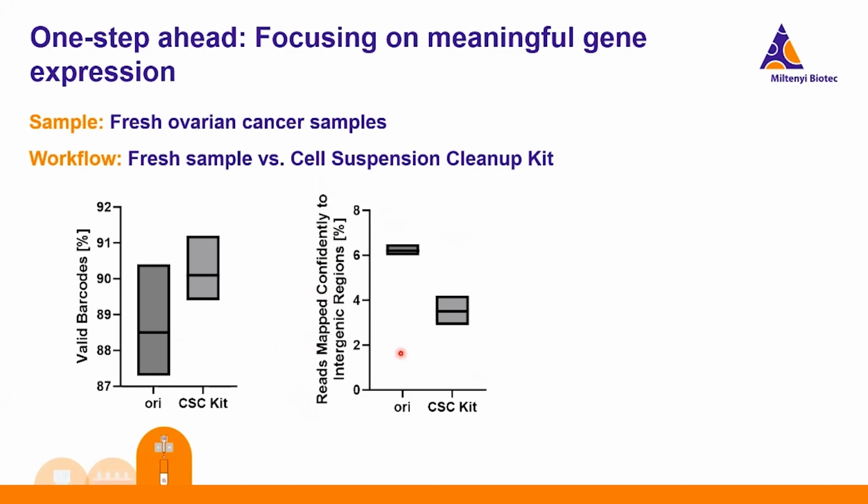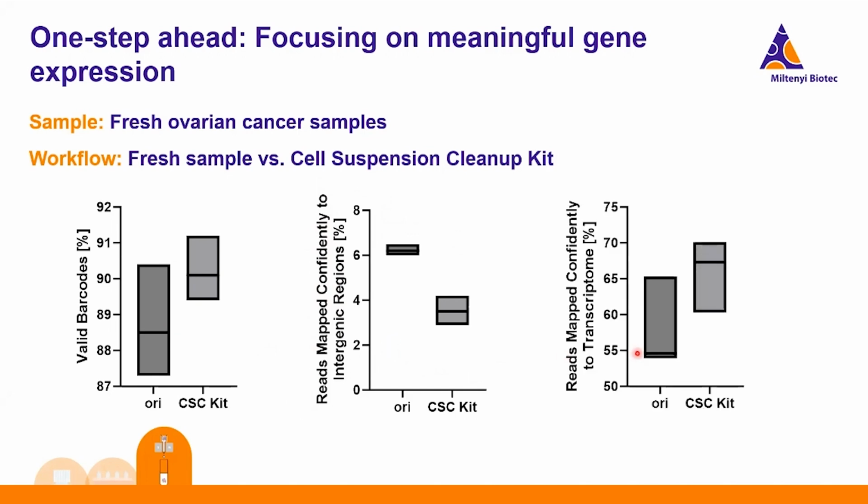So this tells you how much noise you have and how many reads are lost into regions which you are not interested in. And furthermore, we have reads mapped confidently to the transcriptome. This is really what matters in the end, right? This is what it's all about in single cell RNA sequencing.